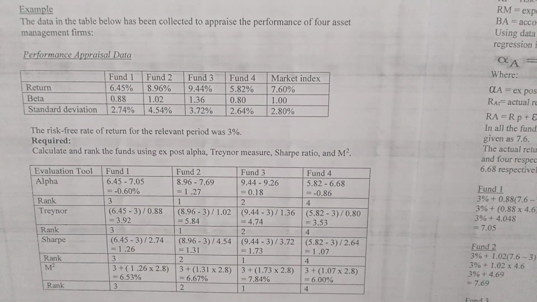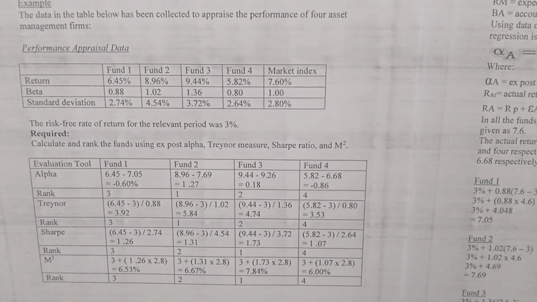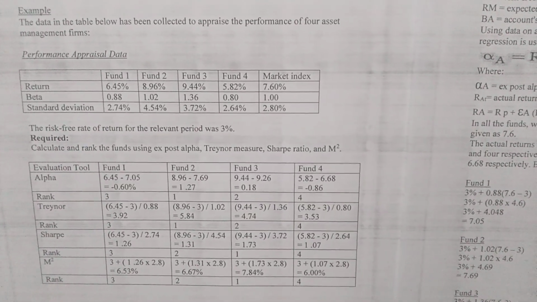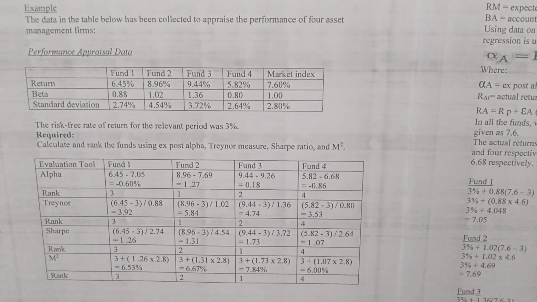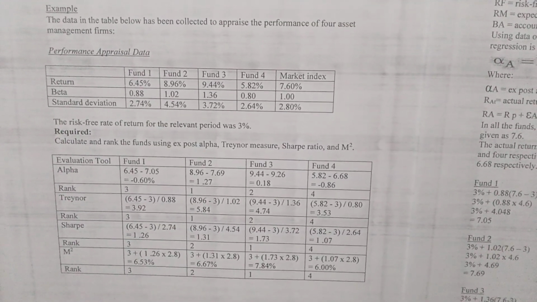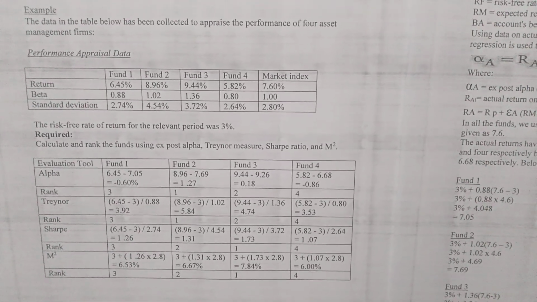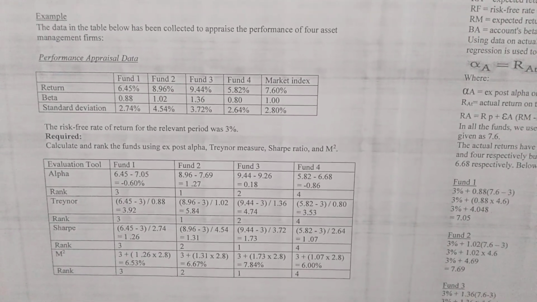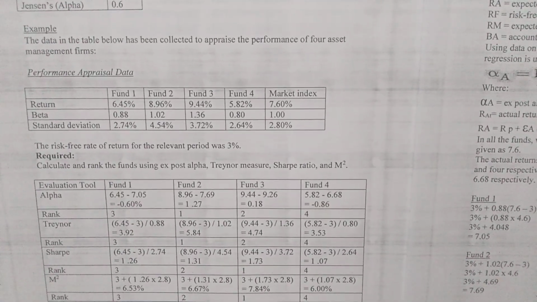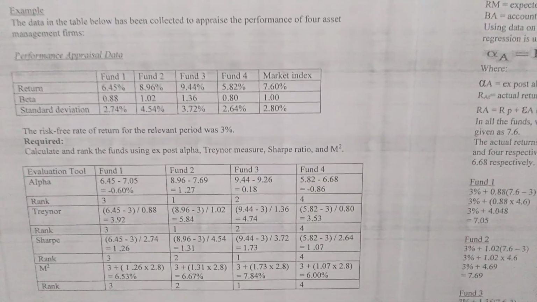In this video, I will show you how to calculate the alpha, the Treynor, Sharpe's, and Modigliani and Modigliani M squared. In the subsequent lessons, I will show you how to calculate appraisal ratio and information ratio.